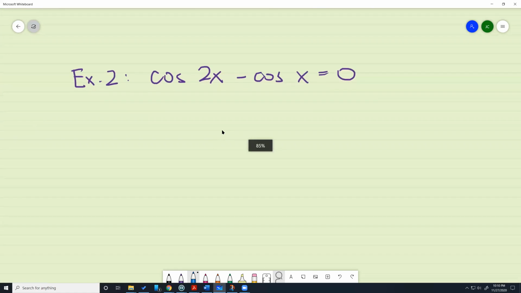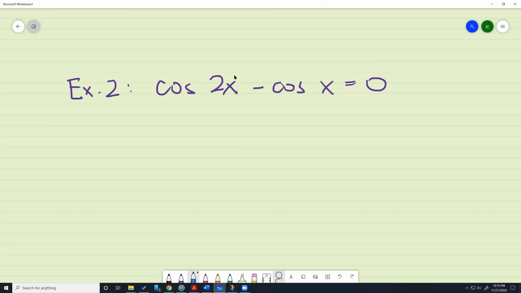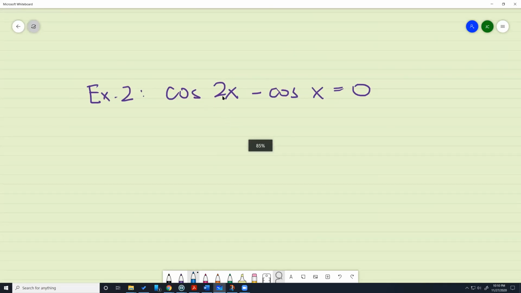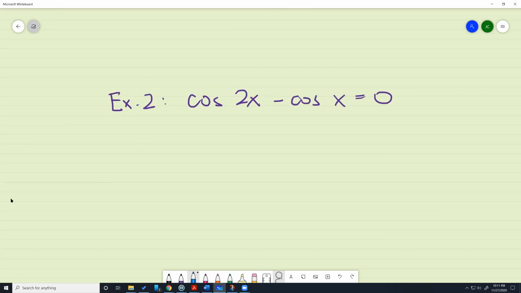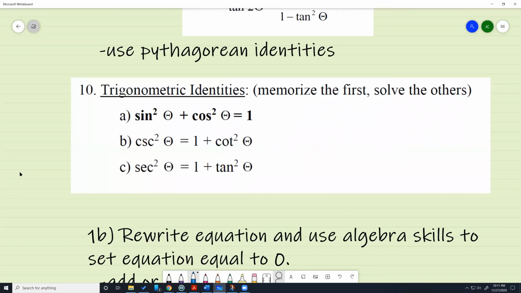Now this one right here is not cosine squared x, this is cosine 2x. This is a double angle setup. Right now, as it is, you can't do anything until we substitute for cosine 2x. We don't want that double angle setup, so let's get rid of it by substituting something else.